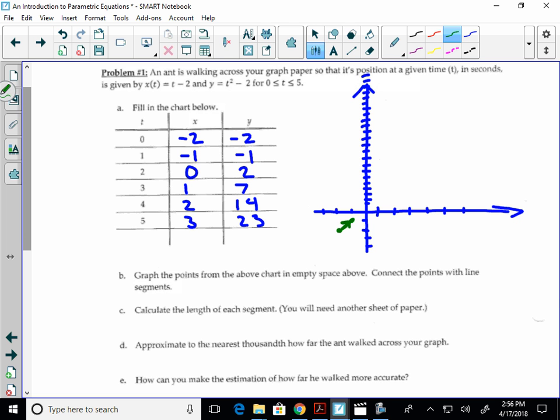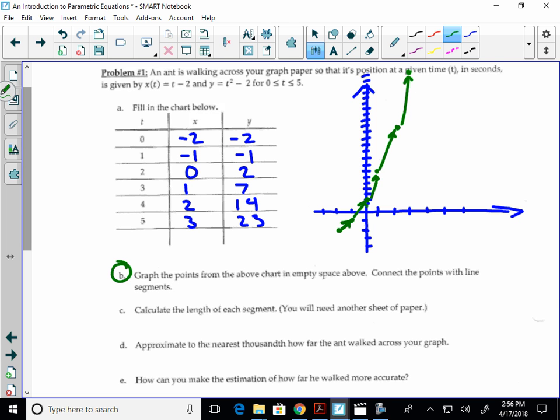Okay, 0, 2. 1, 7. 2, 14. And 3, 23. Okay, so that's what we did for the first one, B.